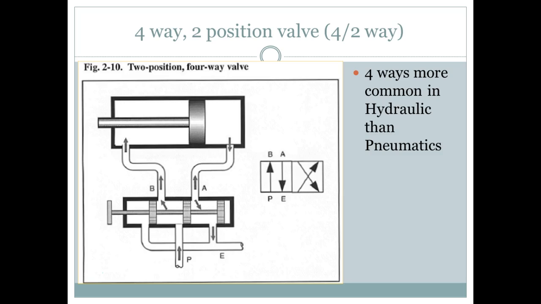We can't make it greater than the flow rate of your pump or compressor, but we can always make it less. So the maximum speed your cylinders or actuators will ever move depends on the flow rate of the power source, but we can always make it slower.